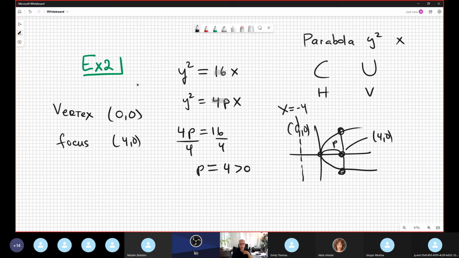And the distance is 2p, and 2 times 4 is 8. See, this point is the point 4,8, and this point is the point 4, negative 8. And the distance between the two endpoints is 16, exactly the same as 4p. So the endpoints of the focal diameter are 4,8 and 4, negative 8. End of the story.